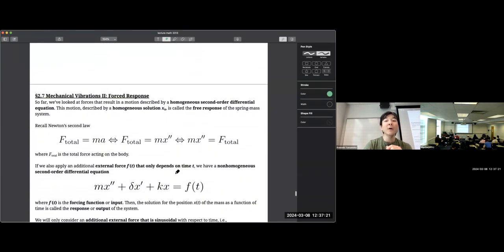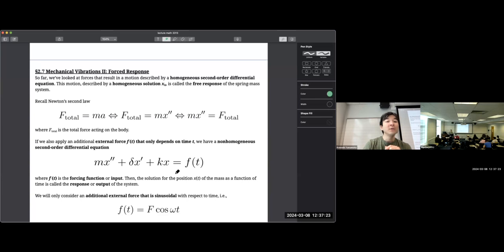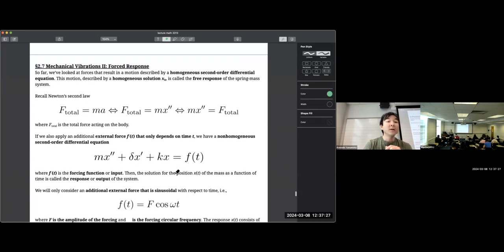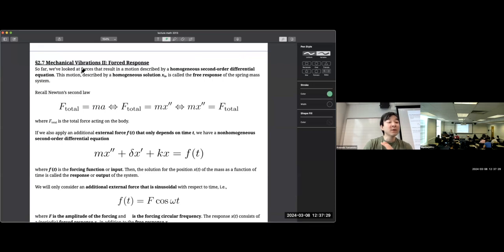But I'm going to now throw in more forces into the system in a way where we're going to have to solve a non-homogeneous equation. So far, all the forces we looked at, spring force, damping force, and even the gravitational force, are forces that physicists and engineers would consider still solvable by a homogeneous equation.